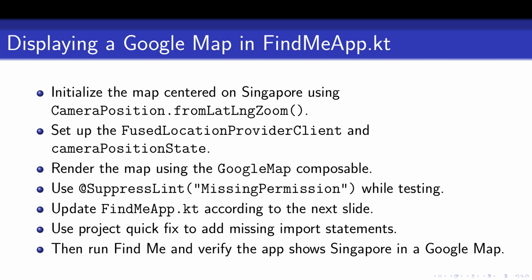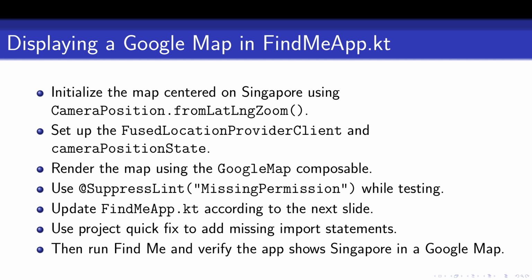In the FindMeApp.kt composable, initialize the default camera position centered on Singapore using its latitude and longitude. You create this using CameraPosition.fromLatLngZoom with a moderate zoom level to show the city. Then, you set up a fused location provider client instance using LocationServices.getFusedLocationProviderClient(context).